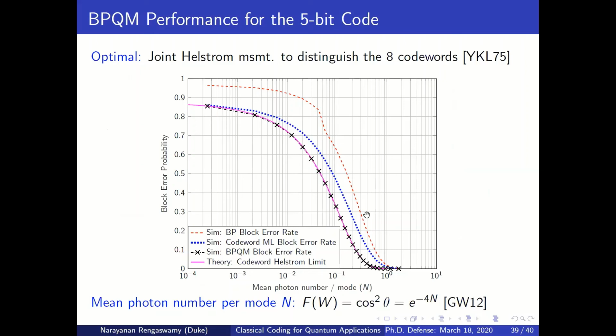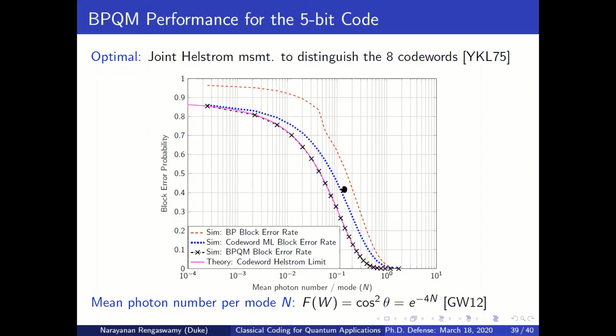Like I said before, if you measure each qubit from the channel, so in this case, you send 5 bits, if you measure each of the 5 qubits at the receiver, then on the resulting bit string you get 5 bits of information. If you do classical maximum a posteriori, so block MAP, then the blue curve is the best probability of error you can get, and it's not hard to compute.